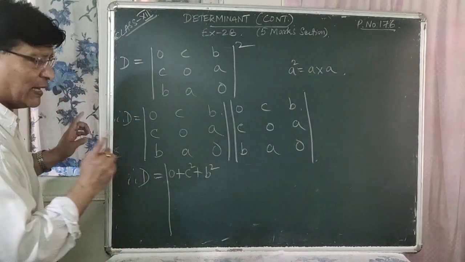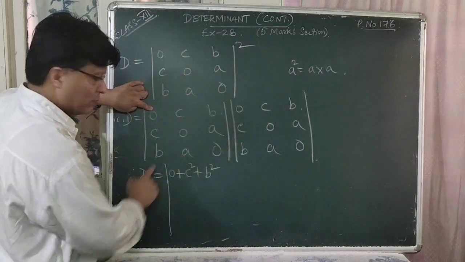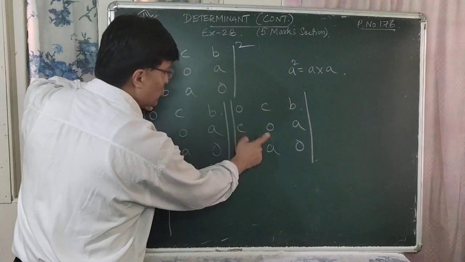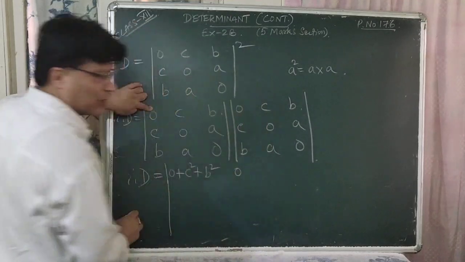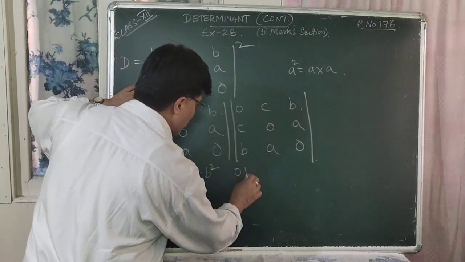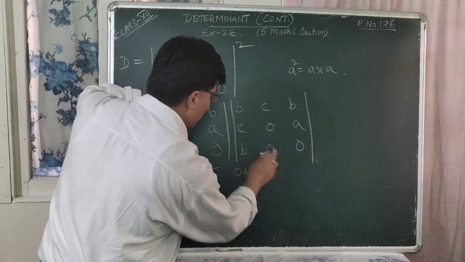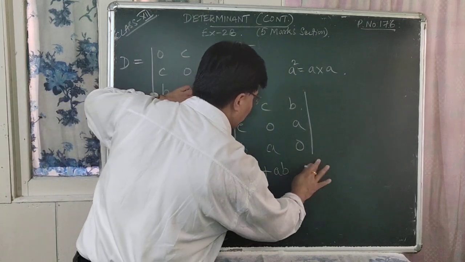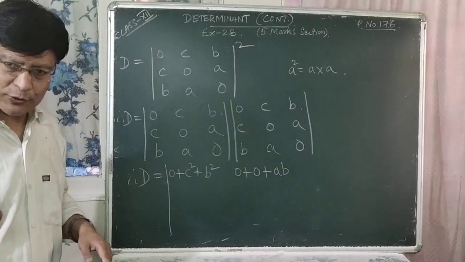Right? Next, again this first row should be multiplied by second column, but the corresponding elements should be multiplied. Like 0 into c, 0, this is the second element of the first row. 0 into c, 0 plus, again c into 0, 0 plus b into a is ab. Is that clear? So this is the second element of the first row.